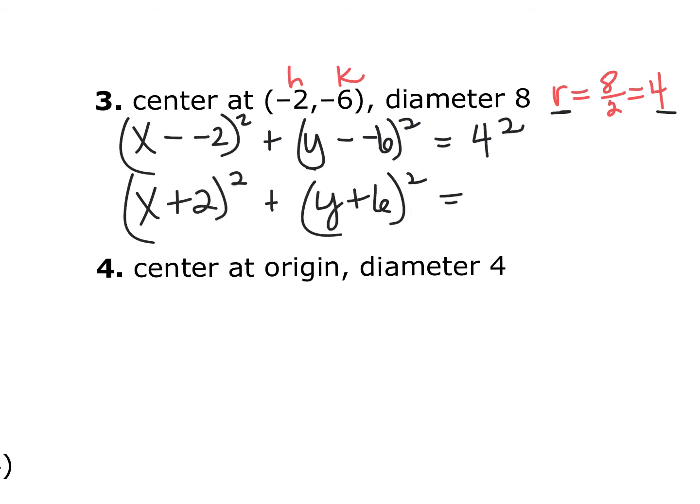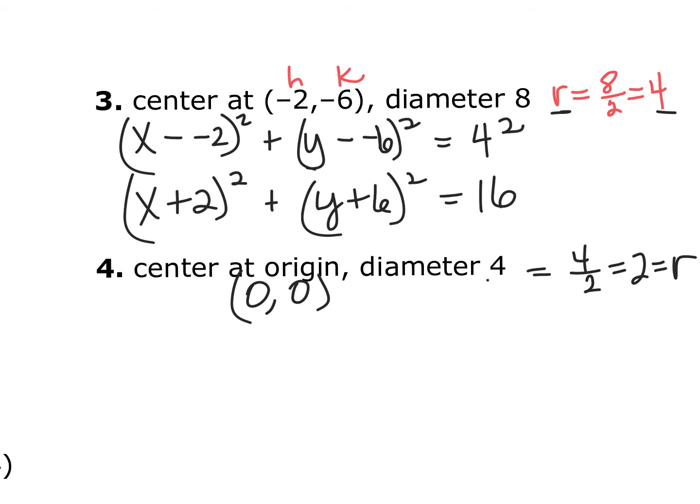and squaring the radius. All right, so our center is at the origin now. That makes our (h, k) (0, 0). And then our diameter is 4, so 4 divided by 2 is 2, and that's our radius.